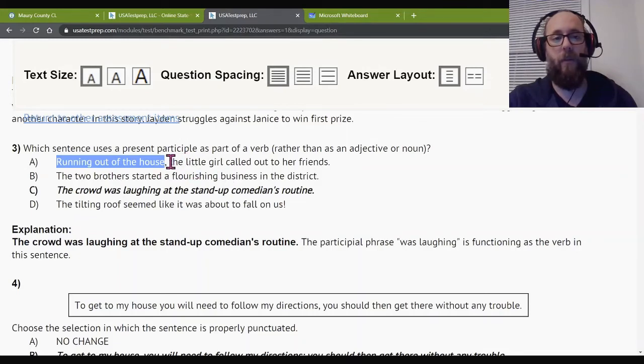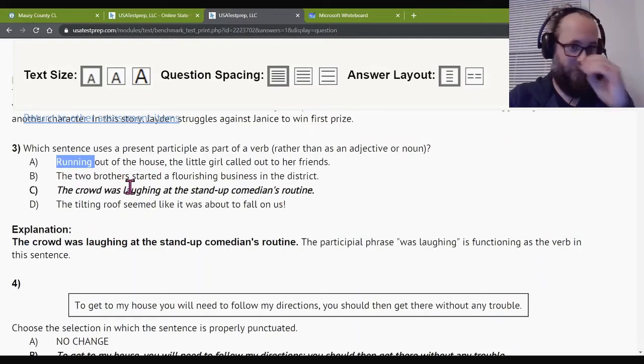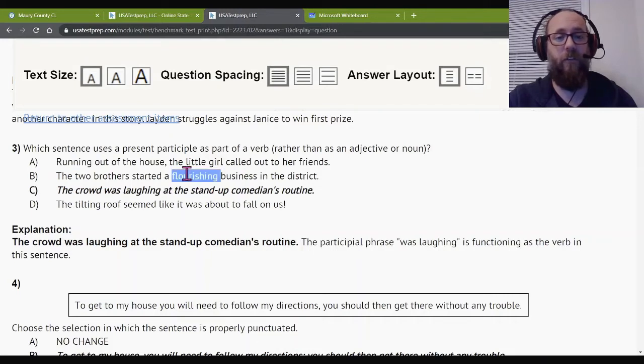The little girl is the subject. The verb is called out to her friends. And then I have this other thing at the end of the sentence that, no. So running's tricky here. This is a maybe. Look at B. The two brothers started a flourishing business in the district.